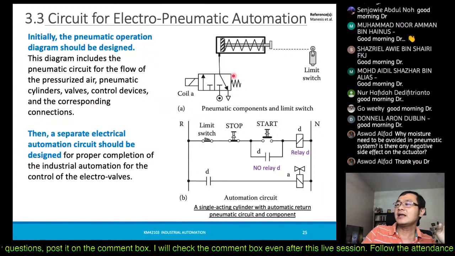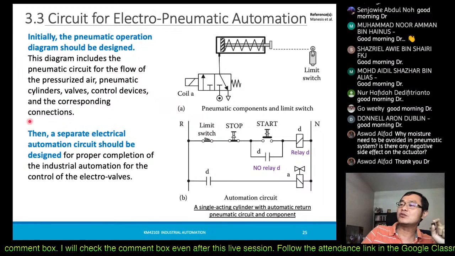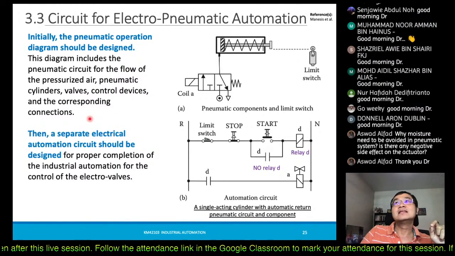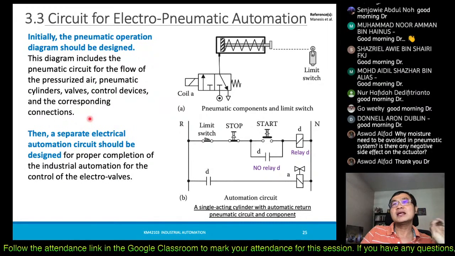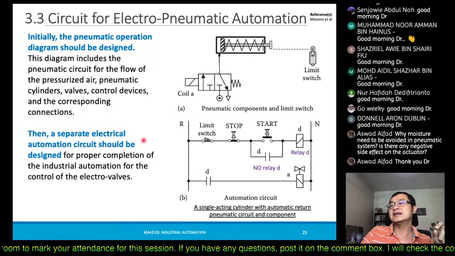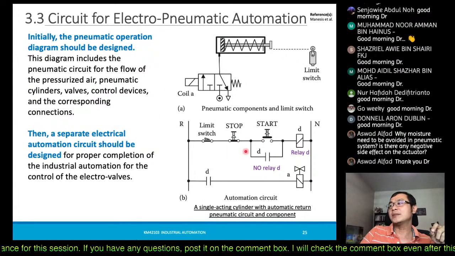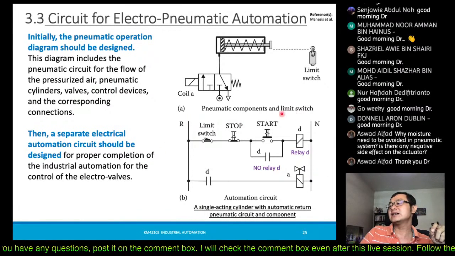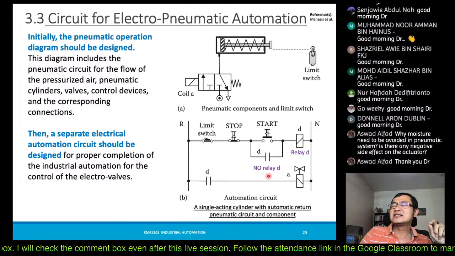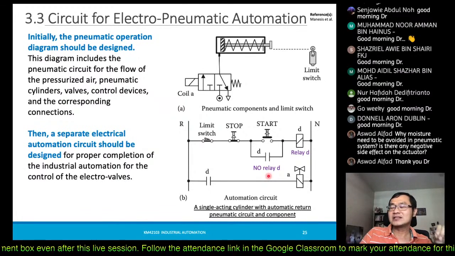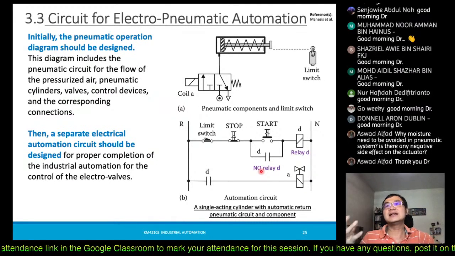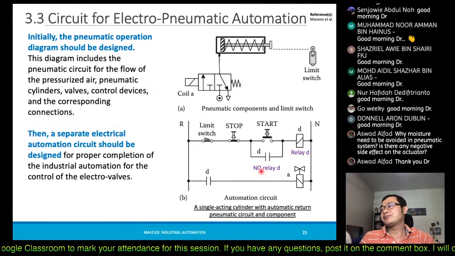After this, we want to design or illustrate how this pneumatic system should operate in electrical automation. This automation circuit looks similar to a ladder diagram, which you may learn later on. So it's very straightforward.